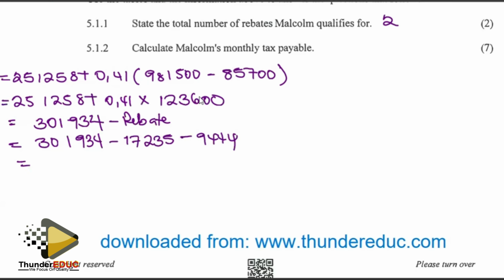So the answer becomes 275,255. This is annual, so we divide by 12, which becomes 22,937.92.